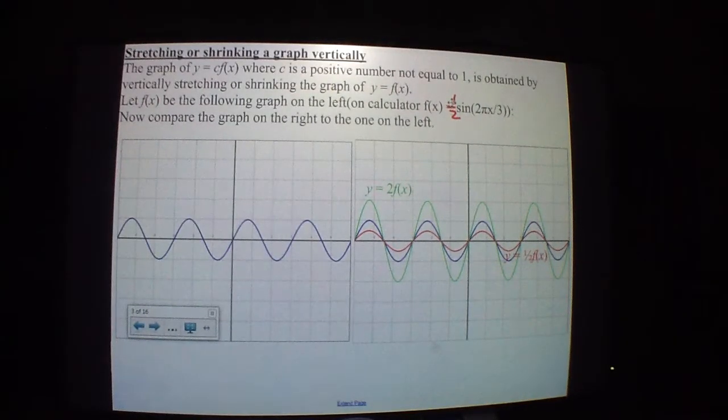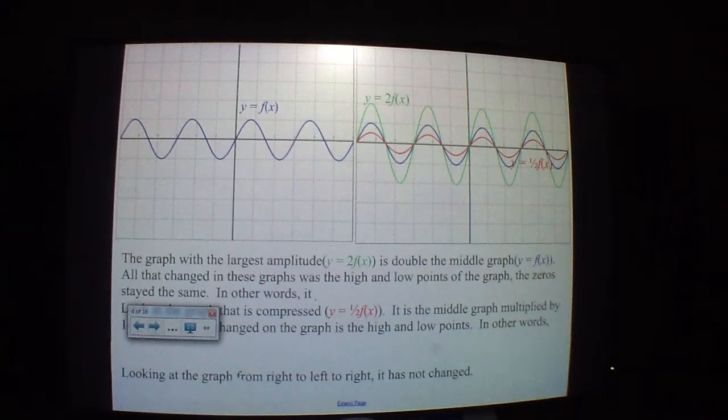So a number multiplied in front, if it's greater than 1, will stretch it vertically. A number multiplied in front between 0 and 1 will compress it vertically. And here are the graphs. The same graphs. And like I said before, look at the graphs right to left. They don't change at all.